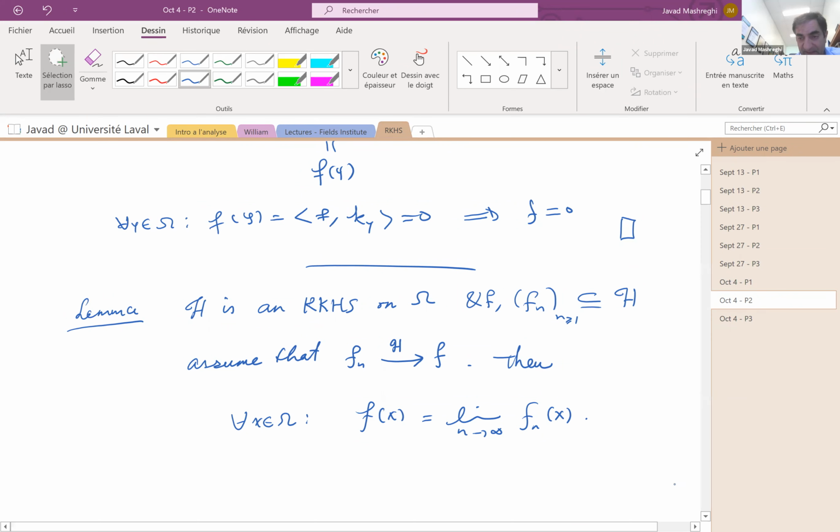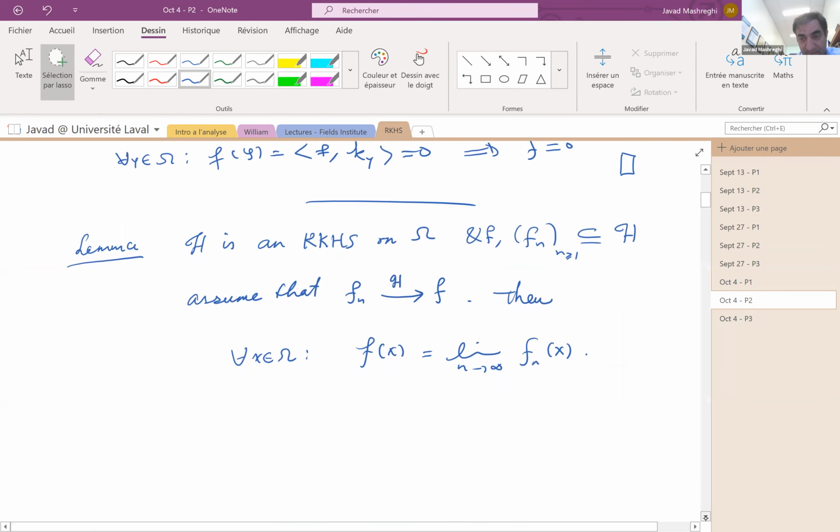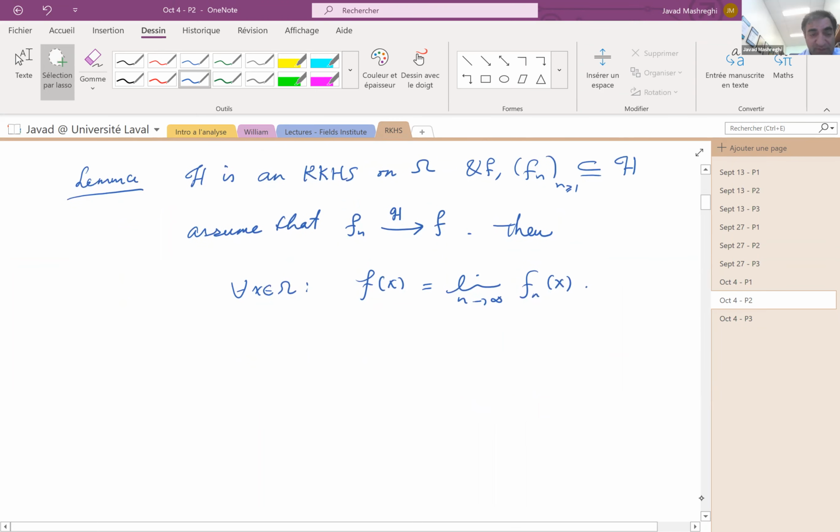And a bit more than that indeed can be said. Let's see the proof of this. The proof is again based on the identity we saw before.